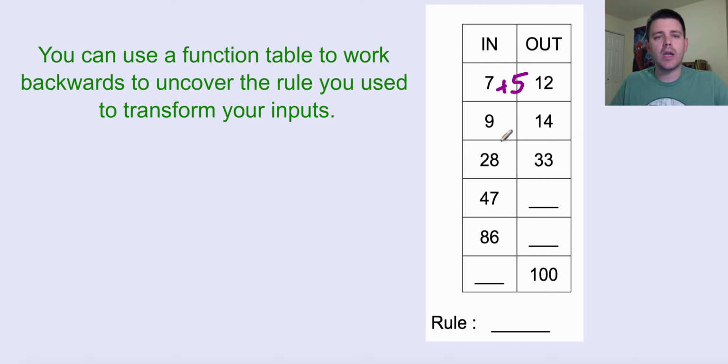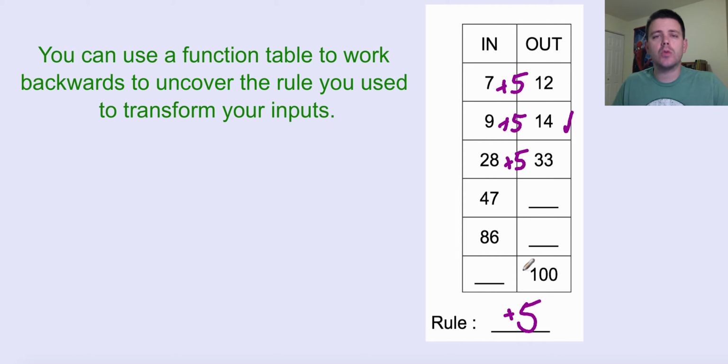That's the only way it can be your function, is if it works for all of the inputs. So if I take a 9, if I add 5, do I really get 14? Yeah, I do. To get from 28 to 33, can I just add 5 to get there? Absolutely. So that means my rule is I'm simply adding 5.